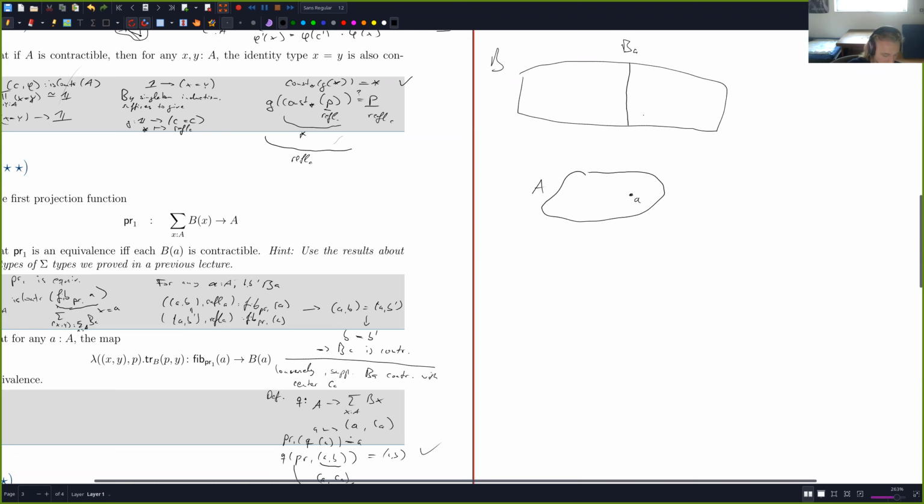And well, for any other X in A, transport: given any X in A and any path P from X to A, then transport along P really just maps elements Y in B of X to some elements in B of A here. And this one is called transport in B over P of the element Y.